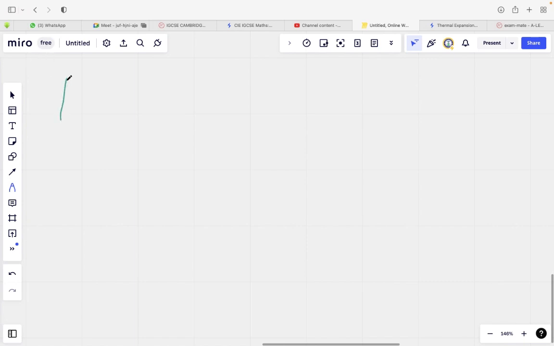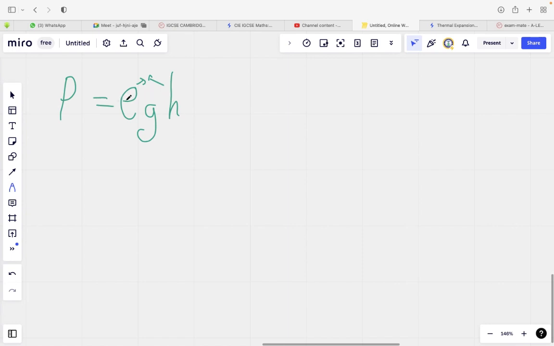Pressure in a liquid P is equal to rho g h, where rho is density. So pressure will be greater with increased density. Gravity is constant, so the two factors that will be considered are the depth and the density. If something has a greater density and a bigger height, then it has a greater pressure.